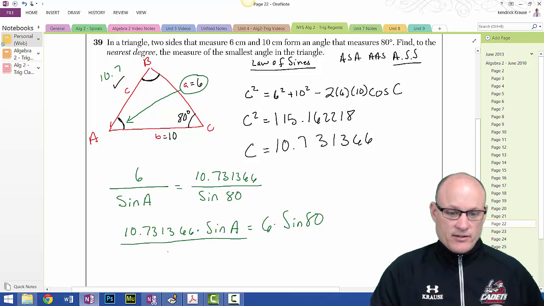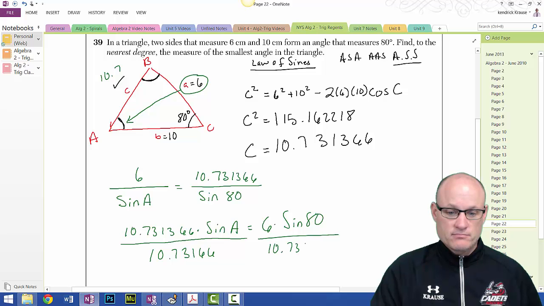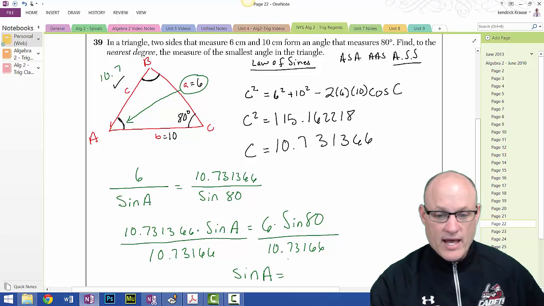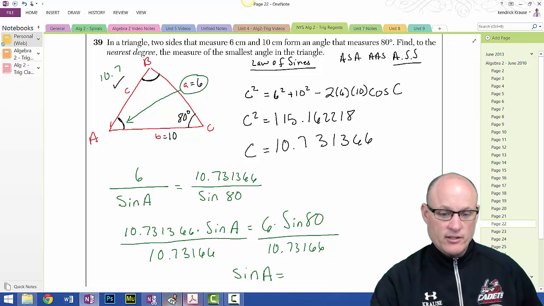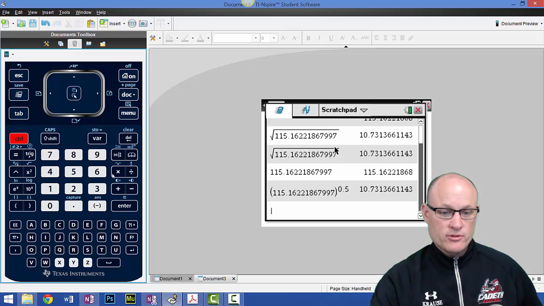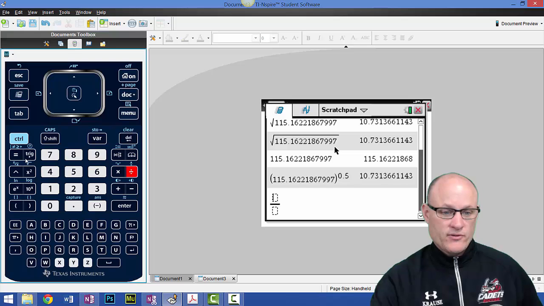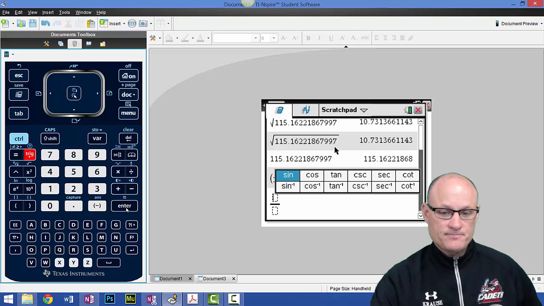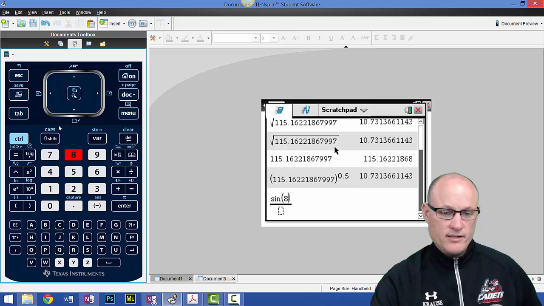Divide by this obnoxious number. Don't round. You cannot round until the very end. You will make dumb mistakes. So I get sine of A is equal to, now I have to figure out what that is. So I go back to my calculator. 6 times the sine of 80, all over this answer. Oops, I forgot to put the number in before that.